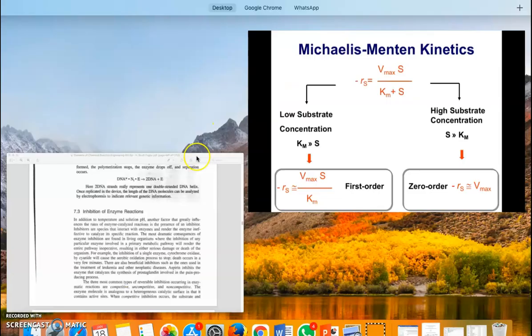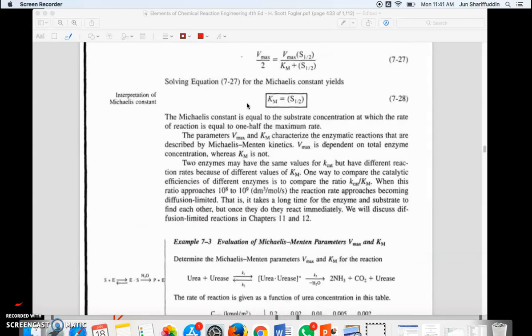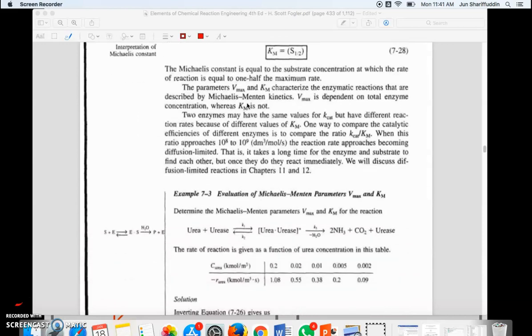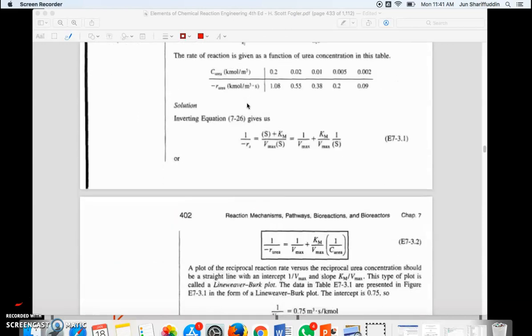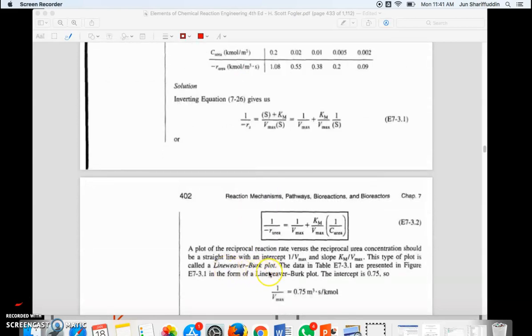So let's have a look here. This is the equation that I was telling you about just now, the Lineweaver-Burk. You may use this equation.